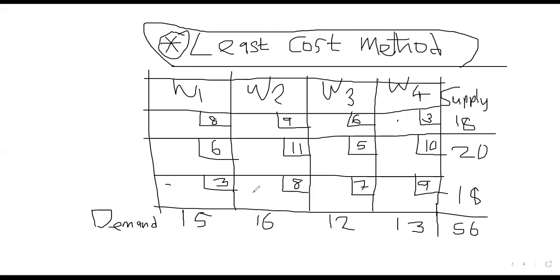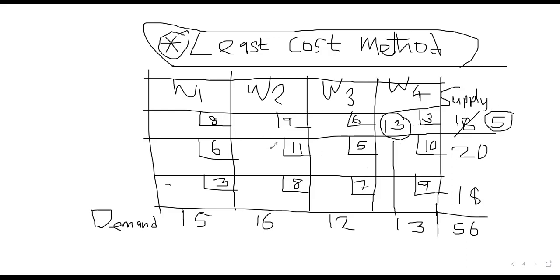So you have this one and this one. The supply is 18, but what has been demanded is 13, so we can only meet what has been demanded. So we have the 13 here. We have met our demand, and here we remain with 5.